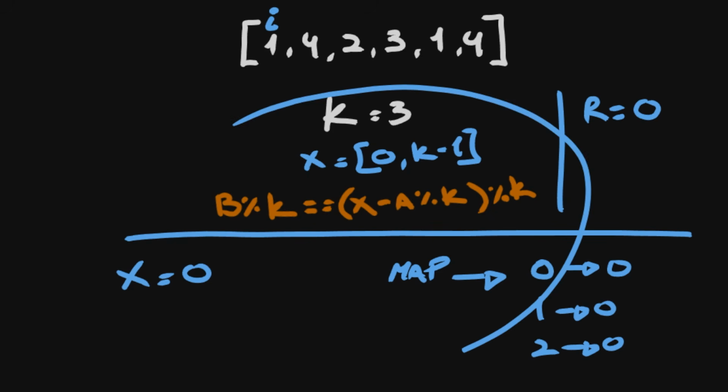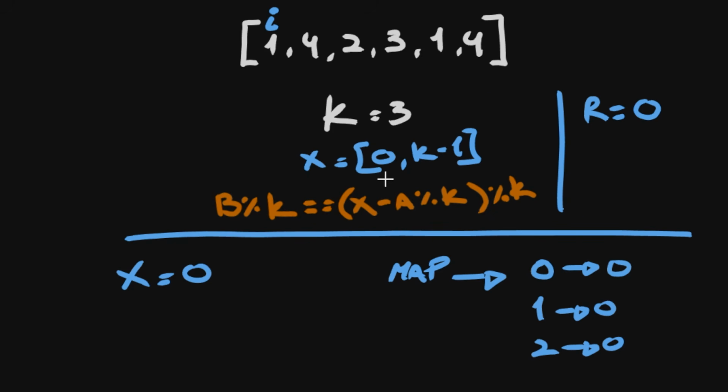So the overall approach will be the following. We will iterate every number from 0 to k minus 1, and then we will check which is the largest subsequence in which this equation holds. So first we are at the first value. Let's say x is 0, and each time we iterate a new remainder, we have a new map.